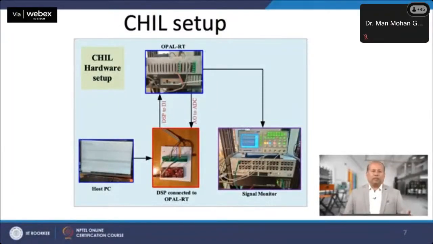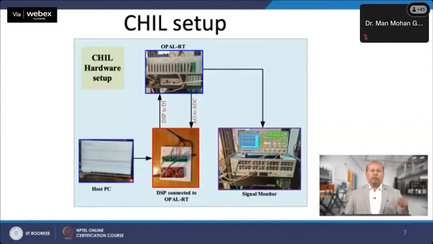This is the schematic of CHIL experimentation. The working of CHIL is shown in this diagram. Firstly, the TMS board is equipped with ADCs and EPWM pins.